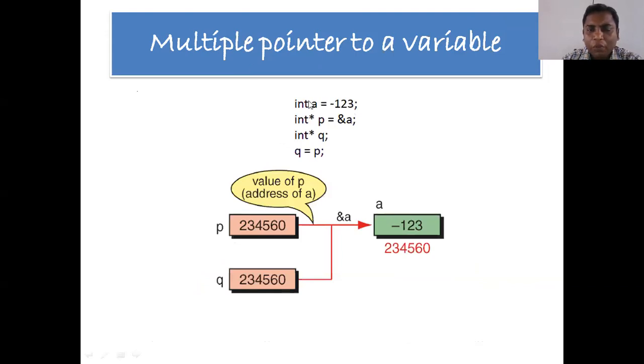Again, in this we are declaring multiple pointers called p and q. So again, I am taking variable a, the value of a is -123, and the address of a is 234560.